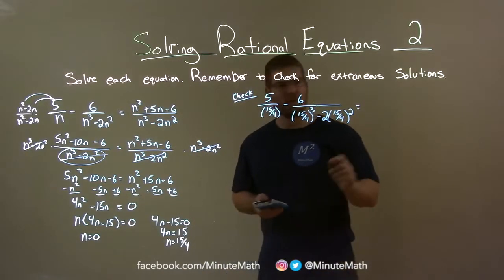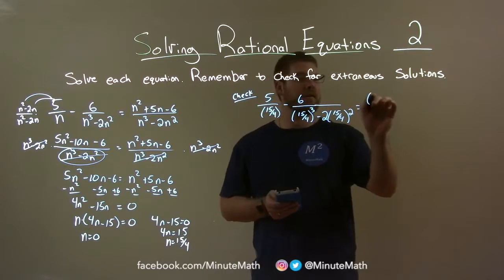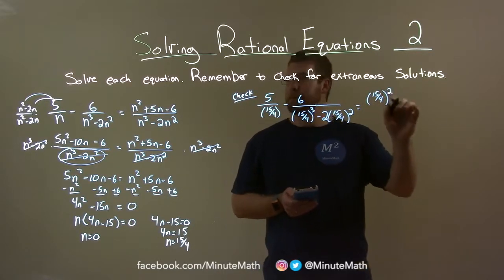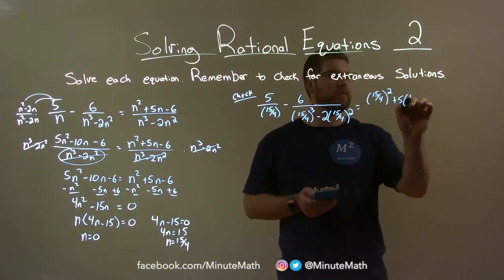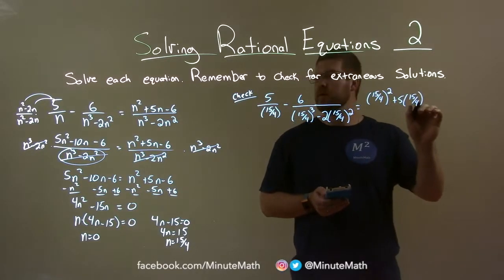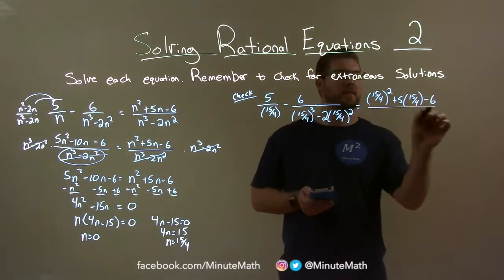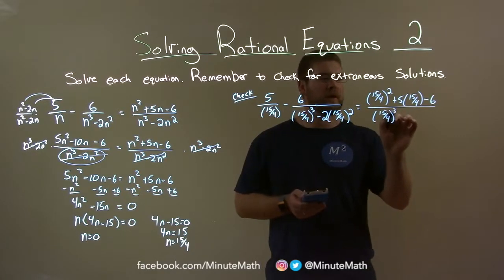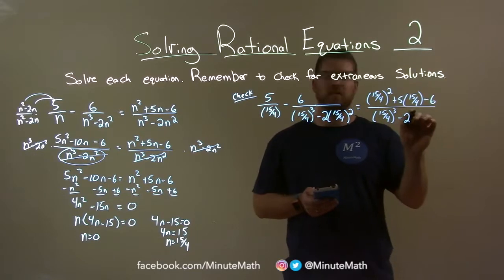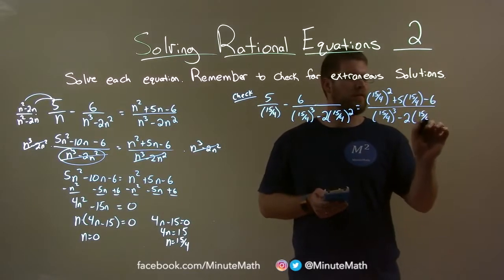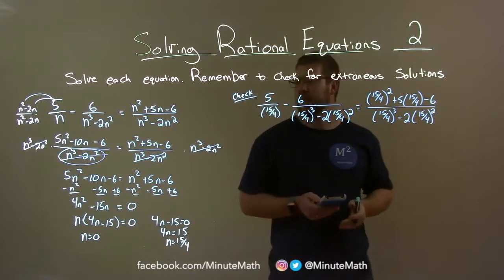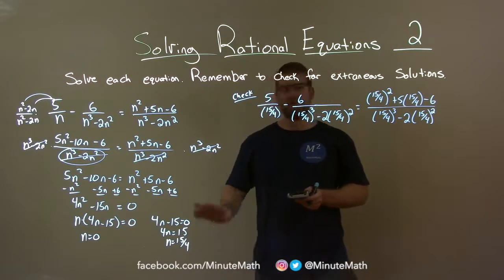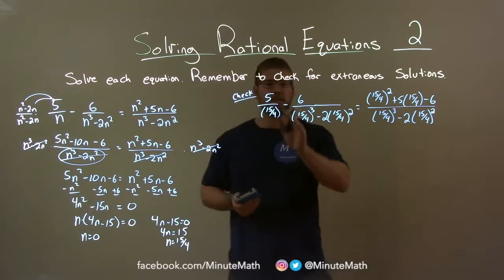And is that equal to 15 over 4 squared plus 5 times 15 over 4 minus 6 over 15 over 4 to the third power minus 2 times 15 over 4 squared? Okay, so let's see what it is.